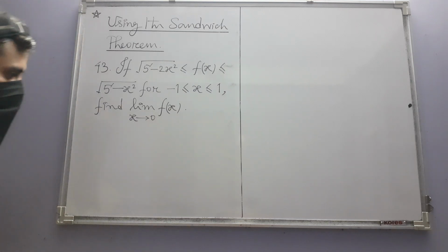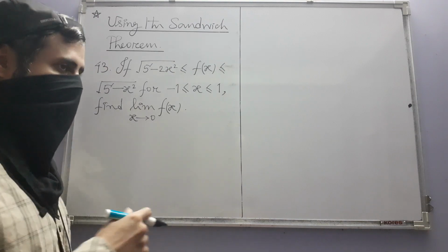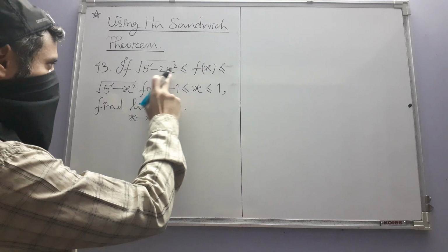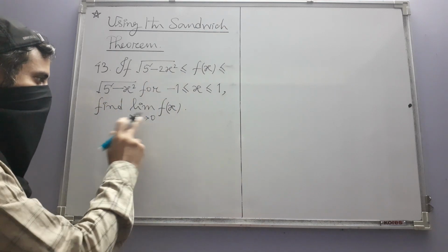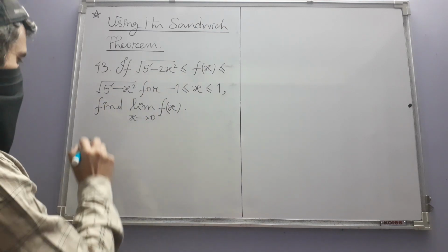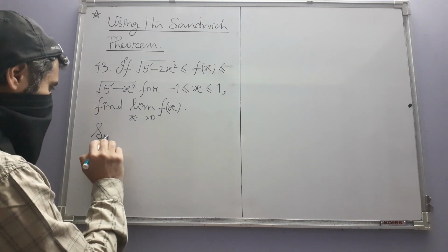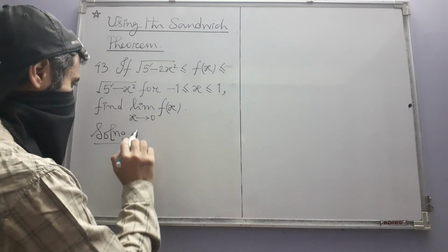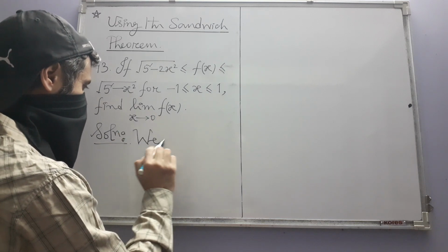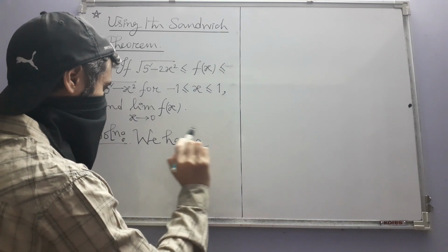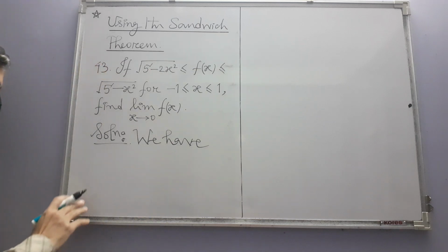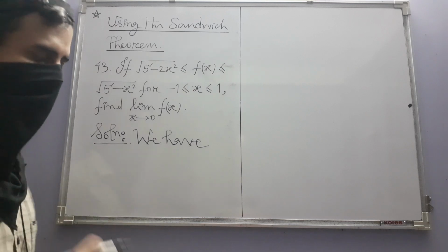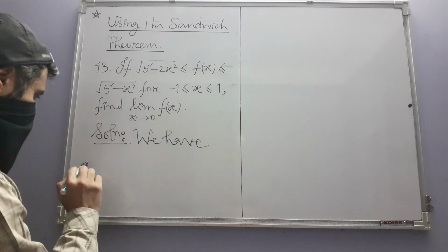Okay, so to be able to use the sandwich theorem, we have to know what the limits of these two functions are as x approaches 0. So let's see that first. Solution. We have, using the various limit laws, that is power rule, product rule, such things, we get these limits.